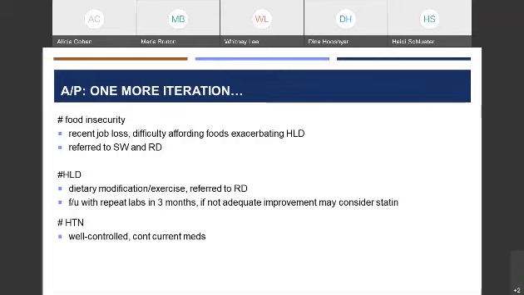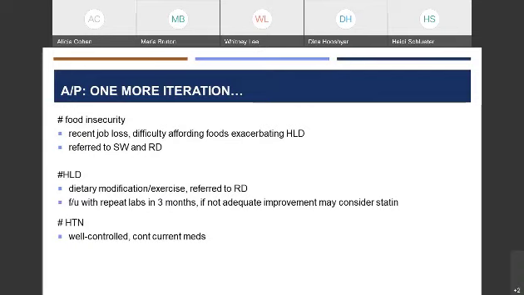Even something as simple as, on the hypertension, stating that they're well controlled and they're still going to take the current medication that you have prescribed for them. We just need to see what type of work is being done on each diagnosis that you're managing or treating at that time. Okay, great. Thank you. That's incredibly helpful.